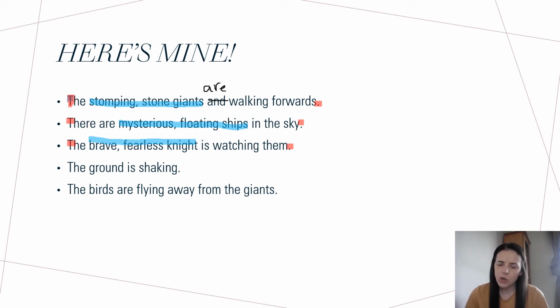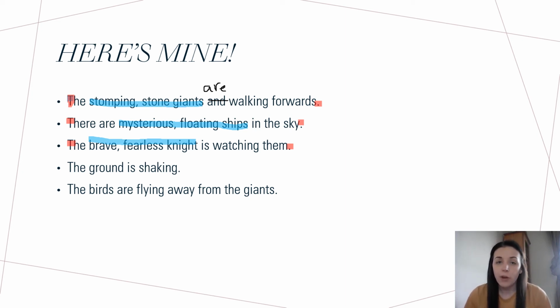Okay, sentence number 4. What else could I describe? Well, this time I thought about what I'd be able to hear or see or feel if I was actually there. And I think I would feel the ground shaking, because those giants look like they're creating quite a big impact as they're walking forward. They're kind of crashing through.